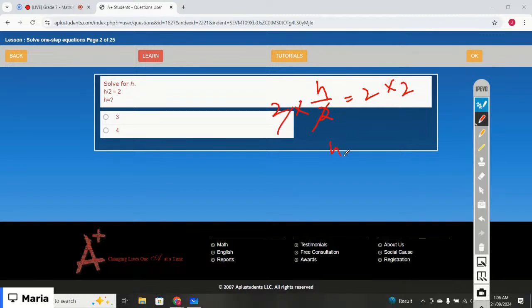So that is h equals 4. Option number 2 is the correct option.